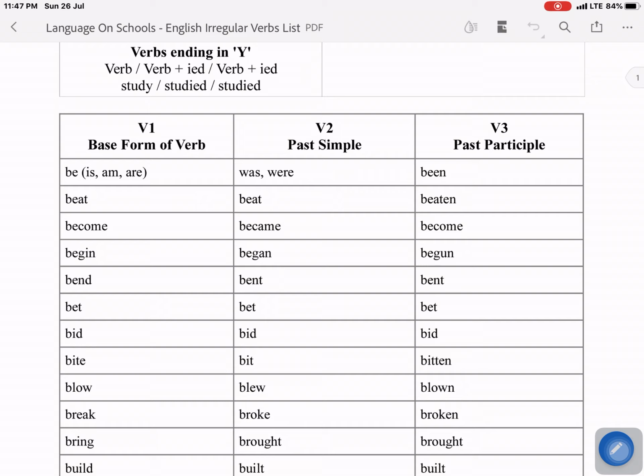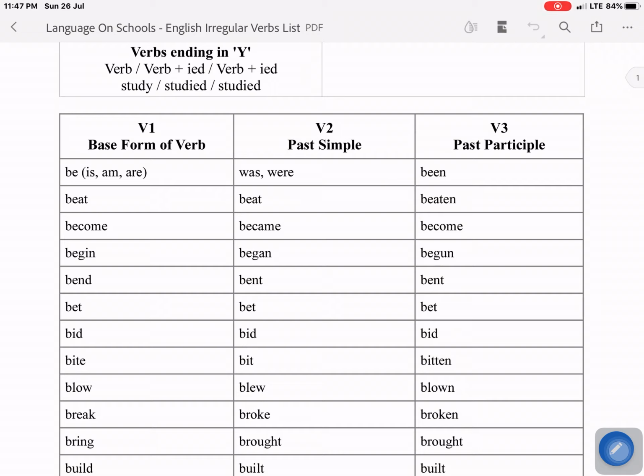And been, B-E-E-N, in the past participle. And V1 ing, that is present participle, becomes being. You must not be confused that is, am, are, was, were, been and being are all forms of be.